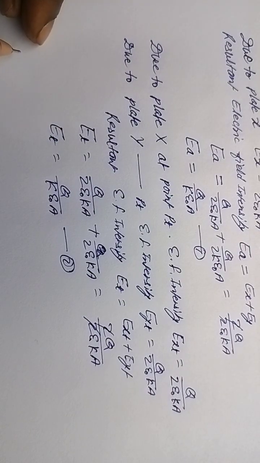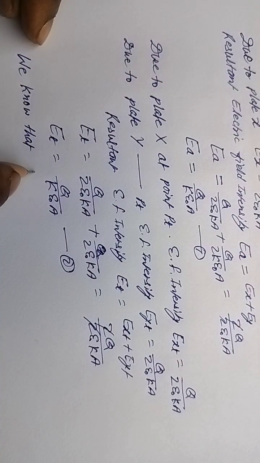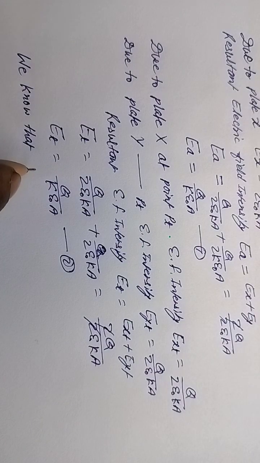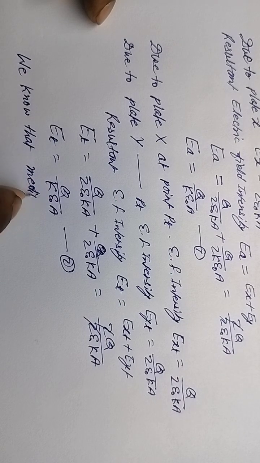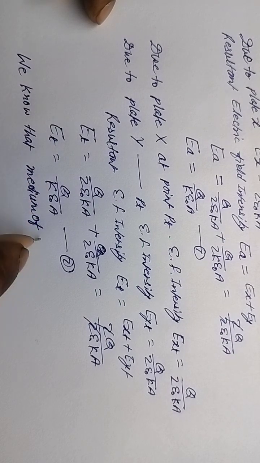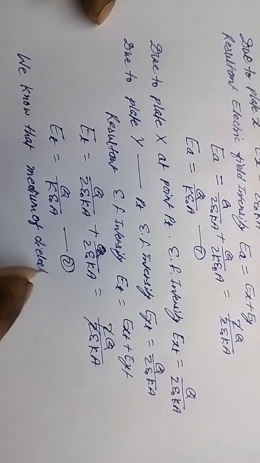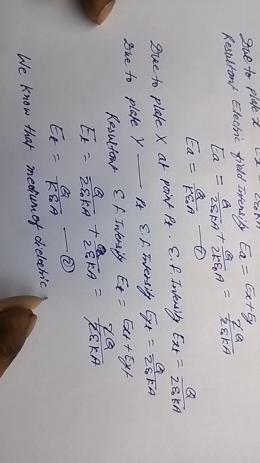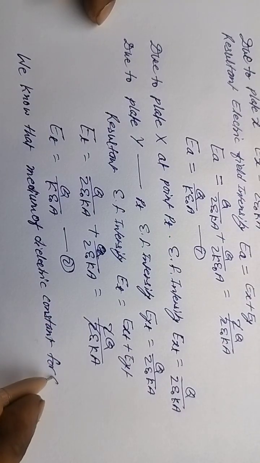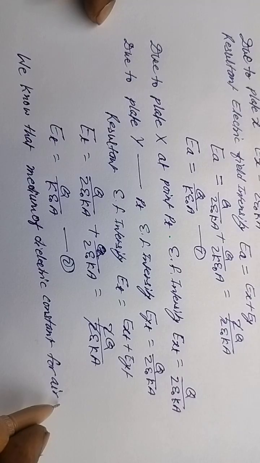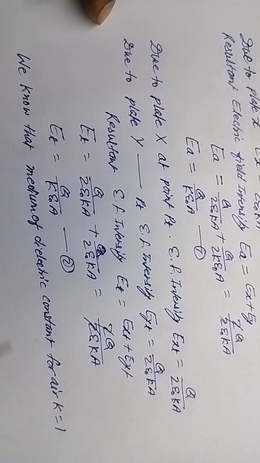So we know that the dielectric constant for air is K equal to 1.